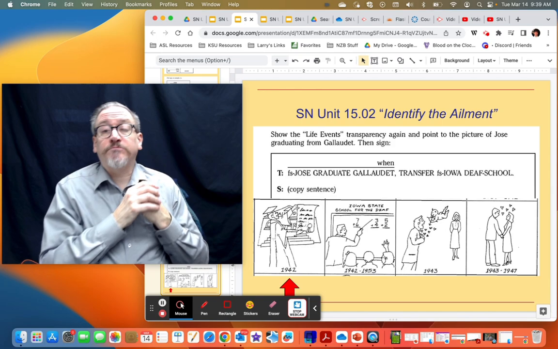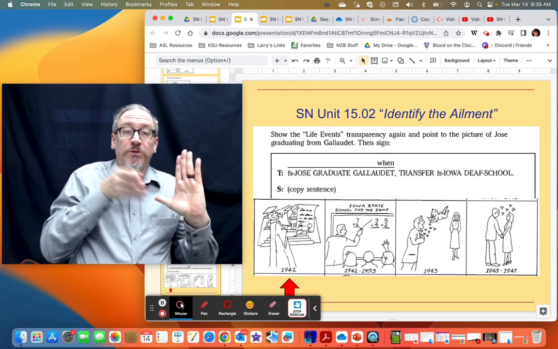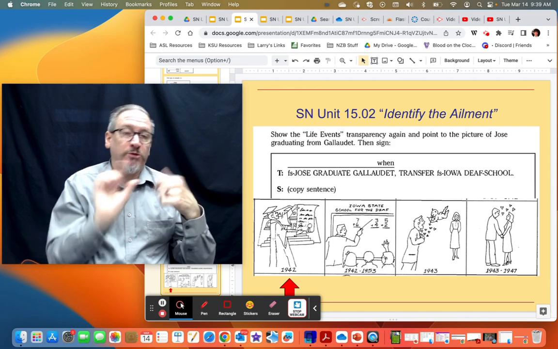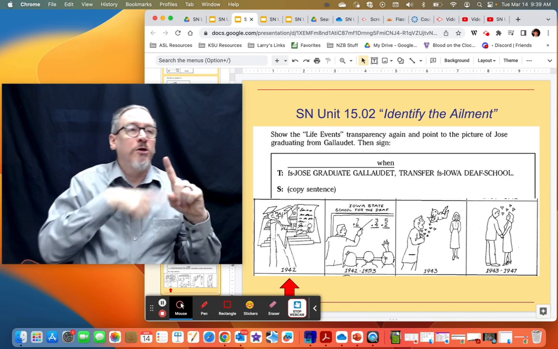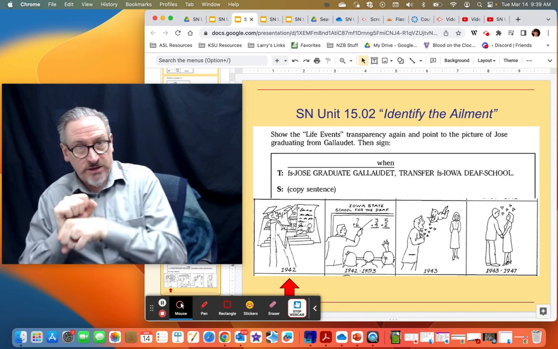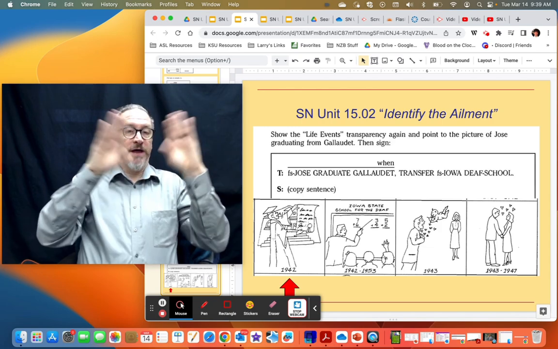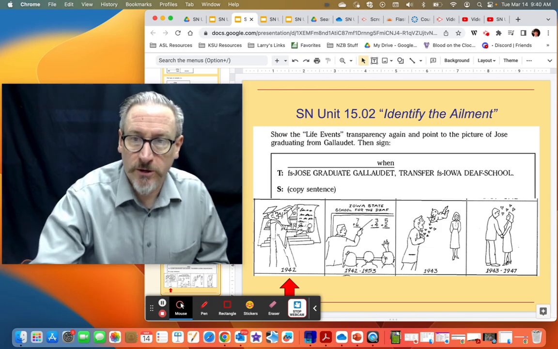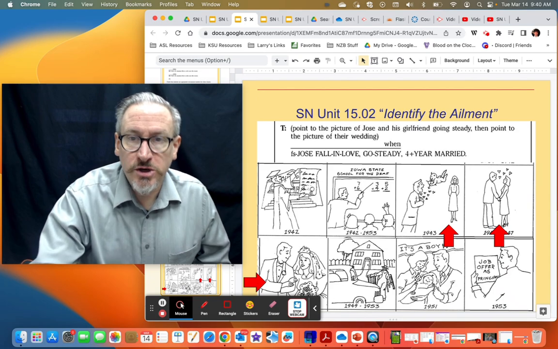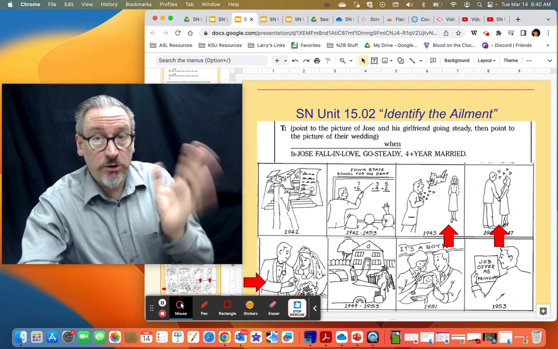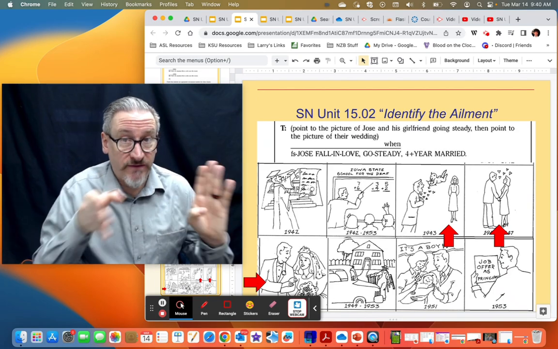So you can sequence events. Say when this happened, this happened. When they graduated, they transferred. When they were offered, they accepted the job. When they took the job, sold the house. So here are lots of examples of sequences of events that happened.